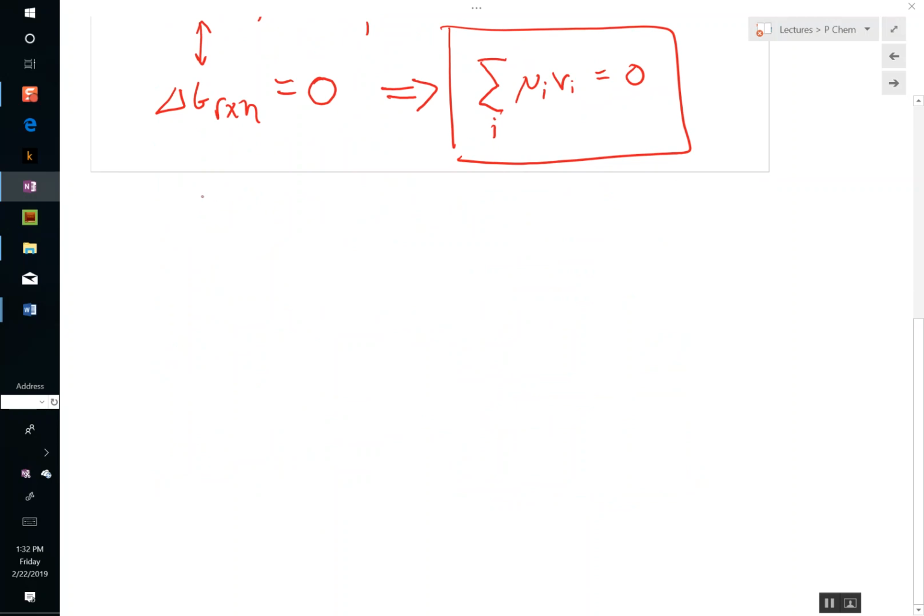All right, so a simple reaction in gas phase. We've got this reaction, A's converting to B's.